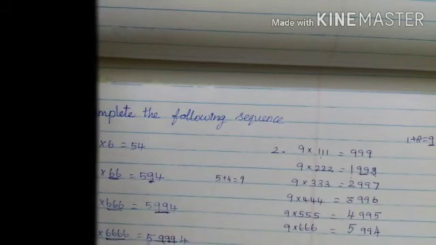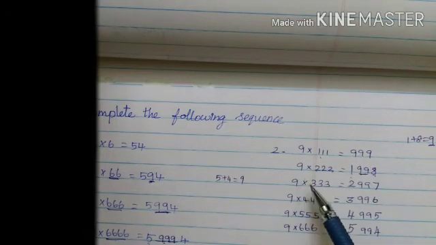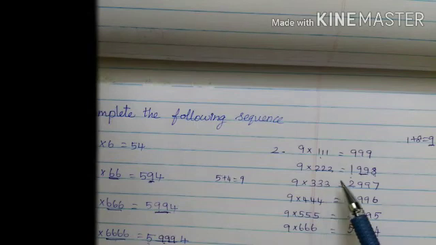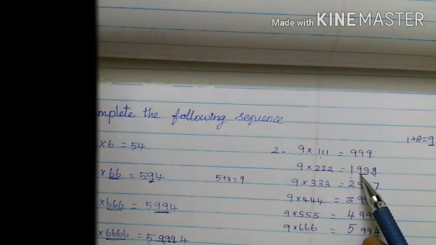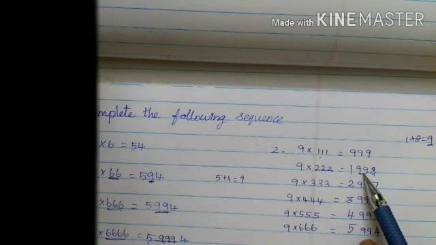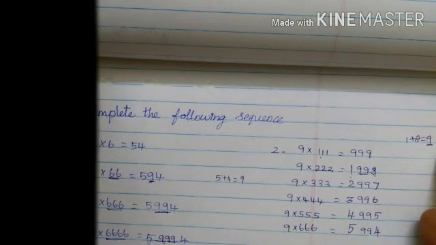So here 9 multiply 111, you get the answer 999. Then next one, 9 multiply 222. So this one 9 has no changes, 9 is directly given here. But 9 is divided as 1 plus 8 equal to 9.